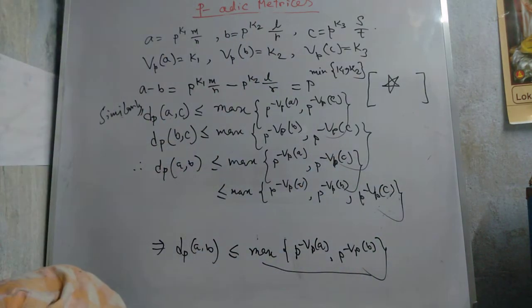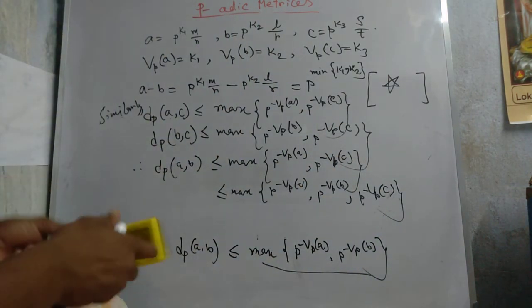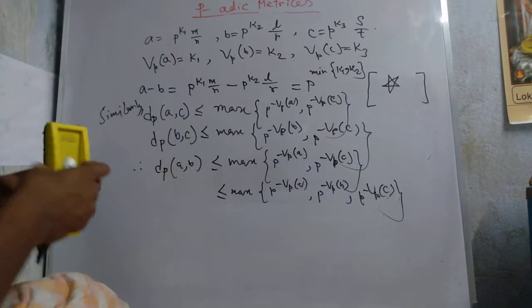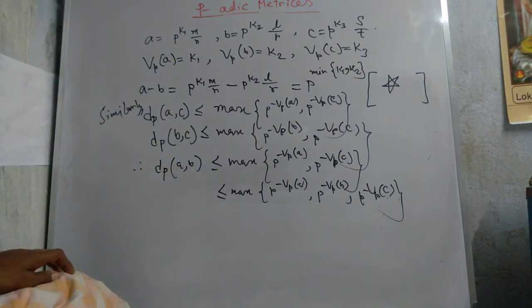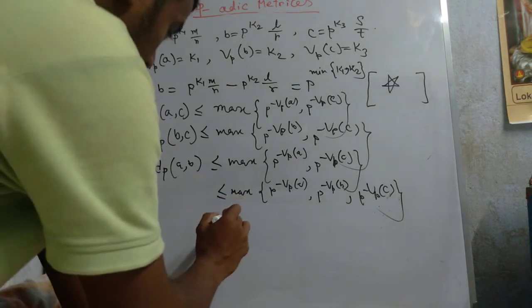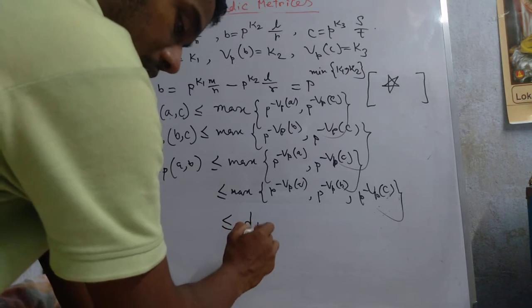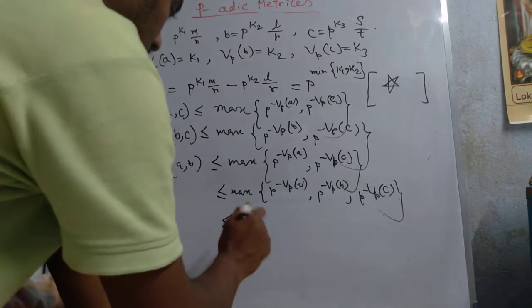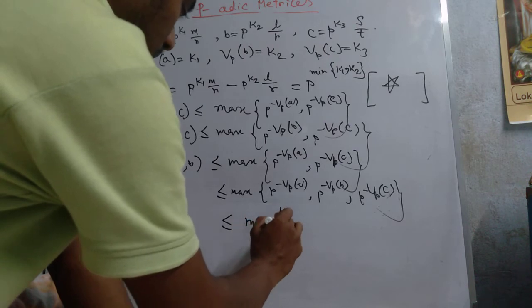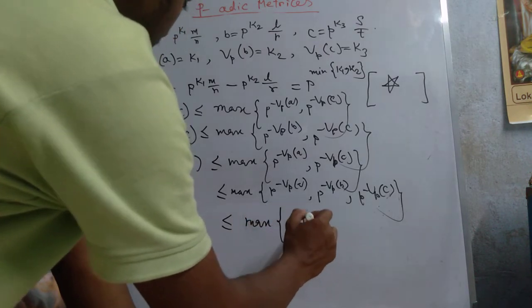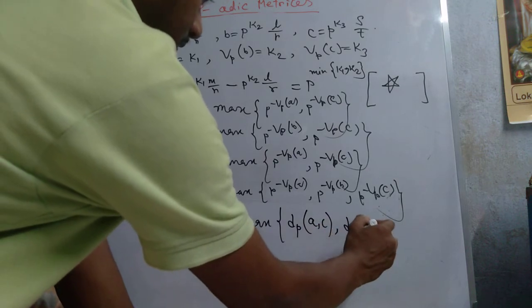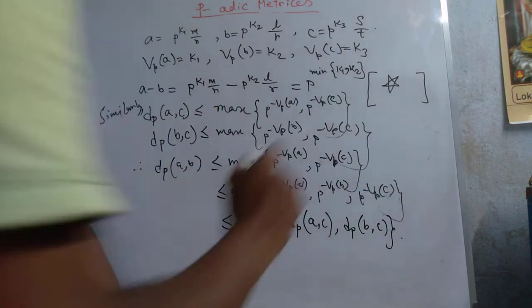And this one is obviously less than this one. We write it as d(x,y) less than or equal to the maximum of d_p(a,c) and d_p(b,c).